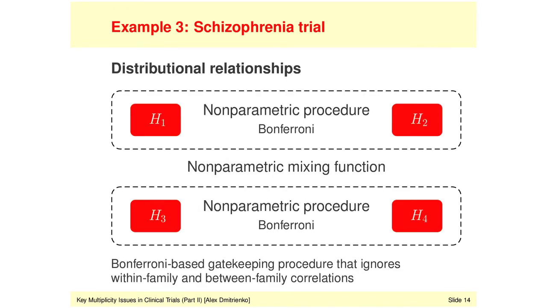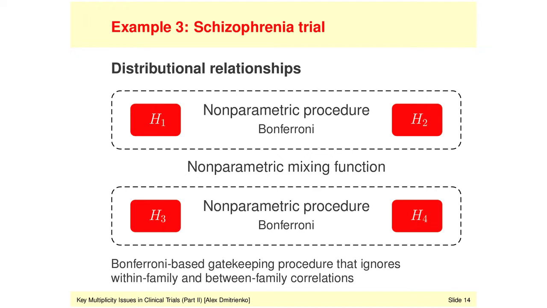This slide presents a visual summary of the choices that we discussed on slide 13. As you remember, we defined an extreme case of a fully non-parametric mixture-based gatekeeping procedure that employed a non-parametric procedure, the Bonferroni procedure, within the primary family, and that's what you see presented graphically on this slide. The primary family includes the hypotheses H1 and H2. Their distributional information could be summarized here, for example, using the correlation coefficient between the hypothesis test statistics.